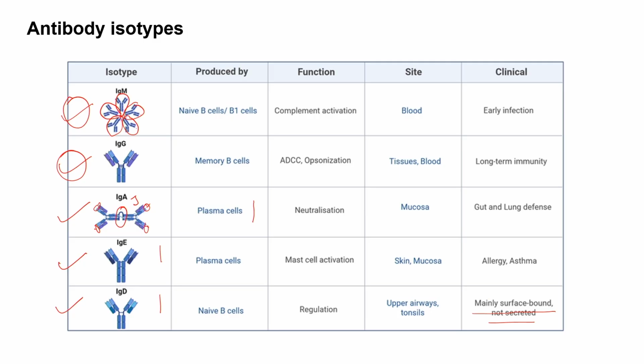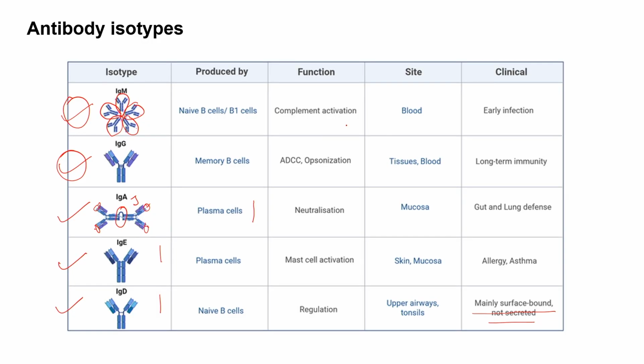If we see the function of it, we could see that IgM is actually responsible for complement activation. We have looked into the different pathways of complement activation, and one pathway was antigen antibody complex. So antigen antibody complex can lead to complement activation that could lead to the microbial destruction. IgG is responsible for antibody dependent cellular cytotoxicity, ADCC, or opsonization.